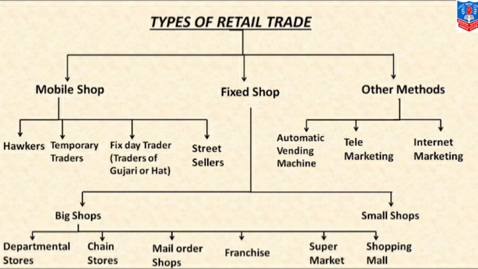Big shop is again divided into six parts: departmental store, chain store, mail order shops, franchise, supermarkets, shopping mall. Other methods: automatic vending machine, telemarketing, and internet banking.